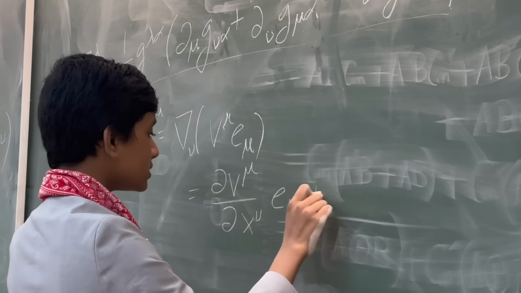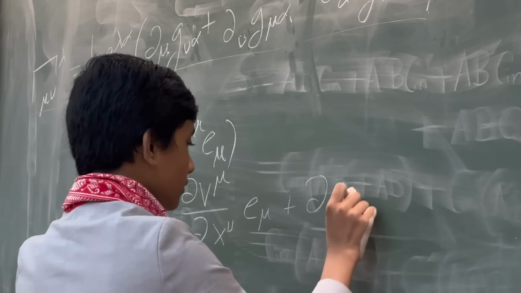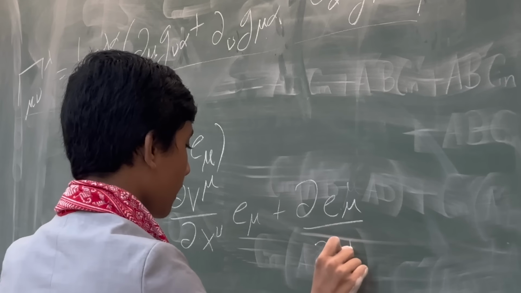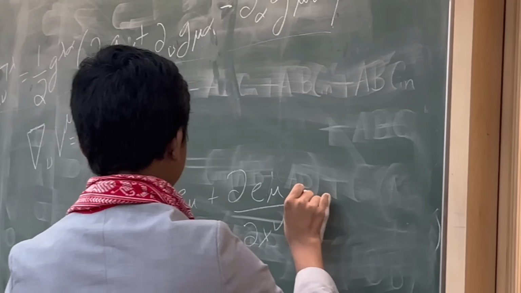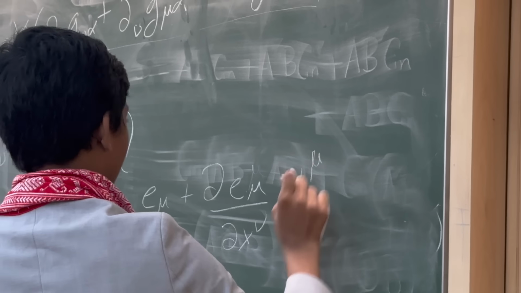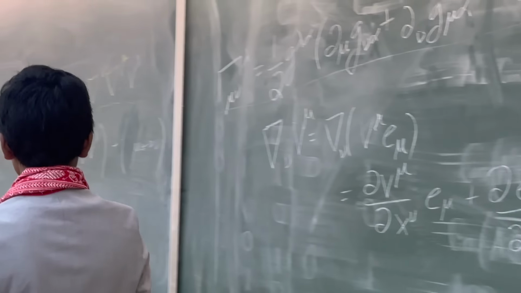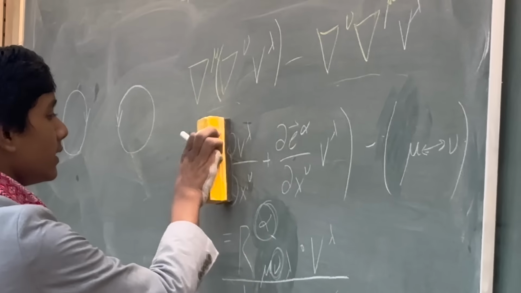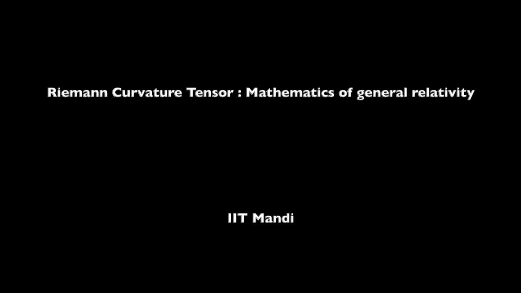This times the basis vector plus the derivative of the basis vector times the original. So, yeah, okay. That is very good. Thank you for catching me on that.